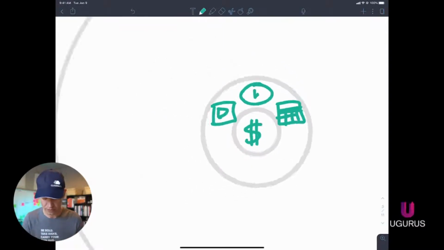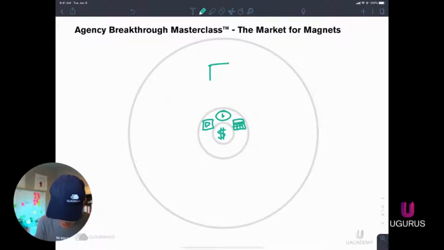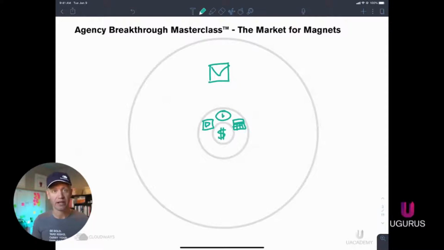The group of people in your market that is willing to give you their email address in exchange for something is like 1,000 times bigger than the group willing to give you their time or their money.